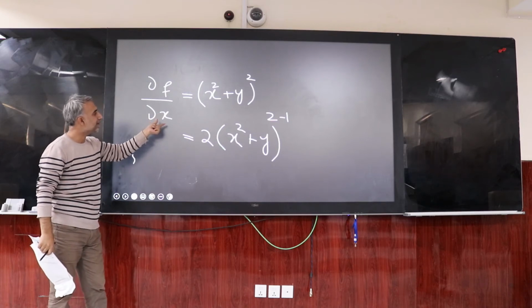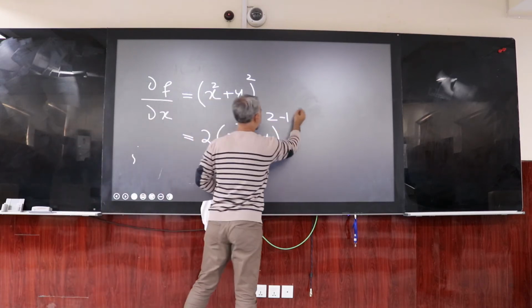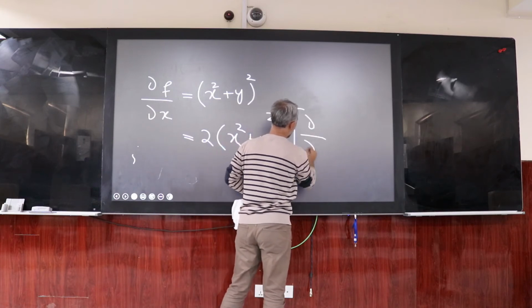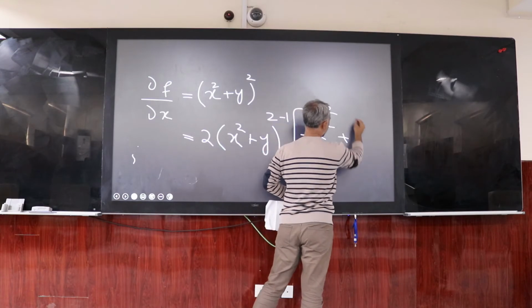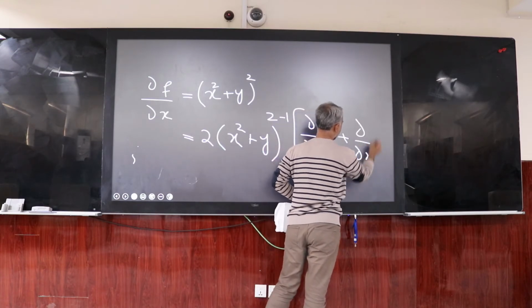with respect to x, then partial derivative of inside, now x square plus partial derivative of y.